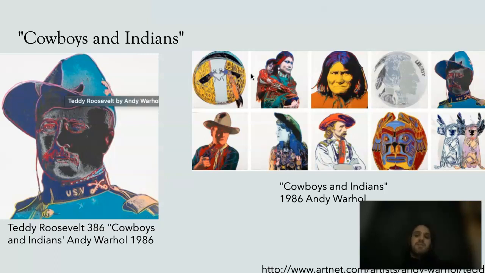This upset many people during that time because of all the distraught colors that took away from the actual picture of Teddy Roosevelt, and upset a lot of people because they viewed him as a very important person, so they thought that he was making fun of or just not giving the right support to Teddy Roosevelt. The picture to the right is the full Cowboys and Indians work, where this shows all of his pieces of artwork and the Cowboys and Indians.